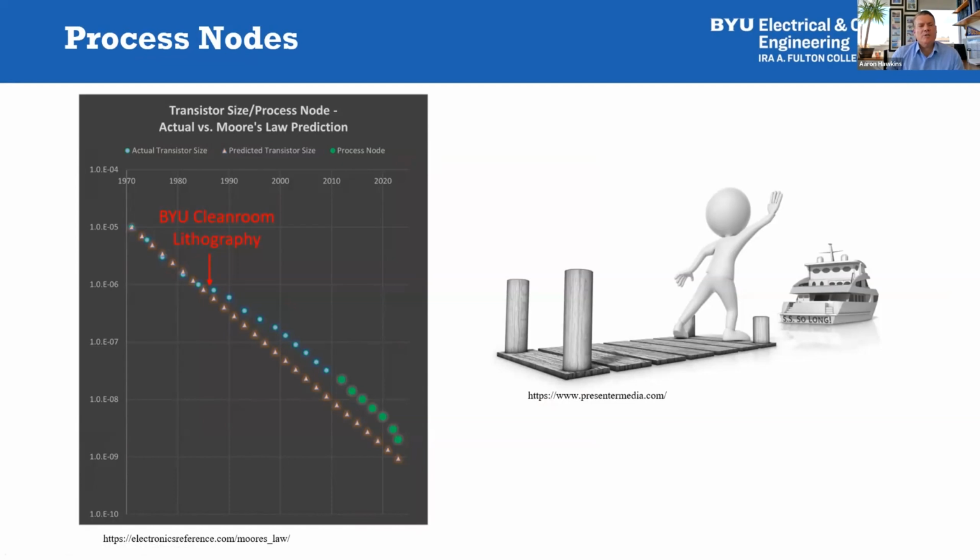As time has marched on, we've made circuits, transistors that are smaller and smaller so that the state of the art is in the nanometer range. At most university clean rooms, we're still operating up in the micron range. So at BYU lithography, we can only do microns comfortably. We have said goodbye to state-of-the-art lithography decades ago.